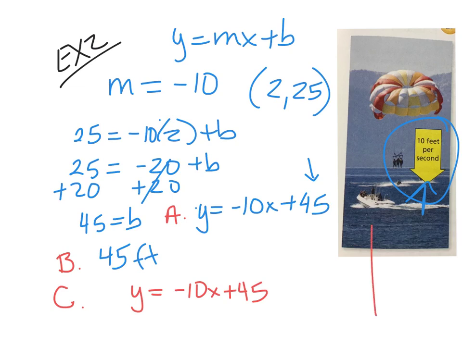If I were to graph this, this is the x line, this is the y line. Y, we start up here at 45. The x over here is one, two, three, four, 5.